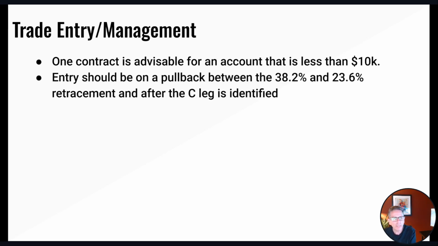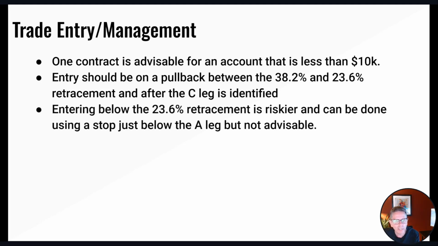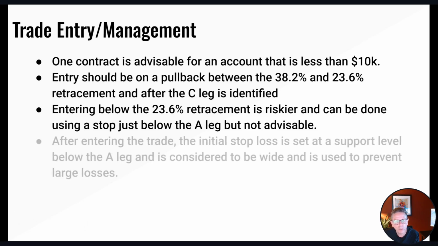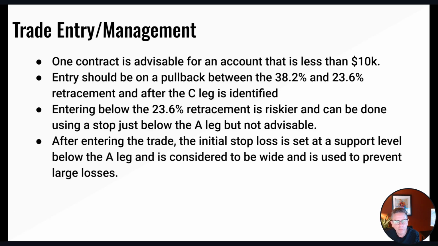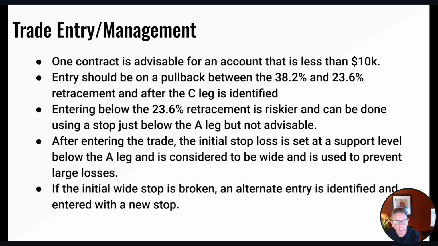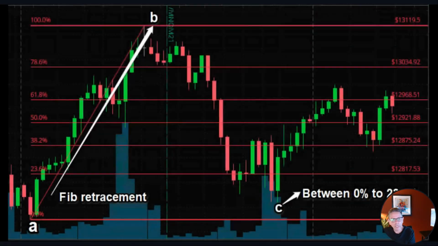Okay. All right. So you can see here that the C leg is identified, and that's where you want to get in at the 23.6 level or above. It's perfect between 23.6 and 38.2. So that's where you get in. Okay. So again, here's your retracement.